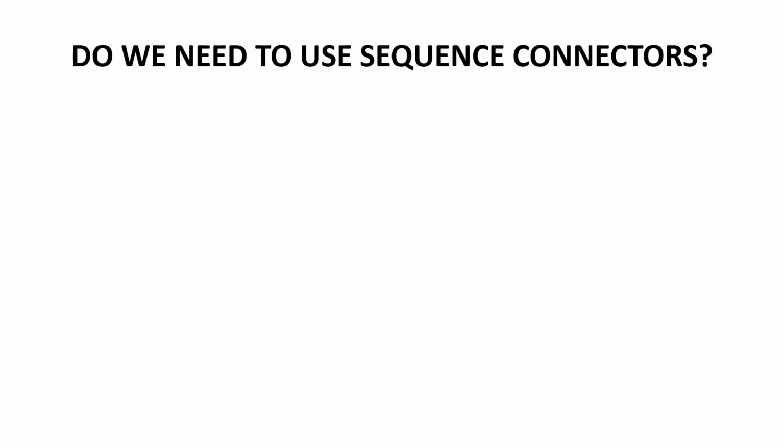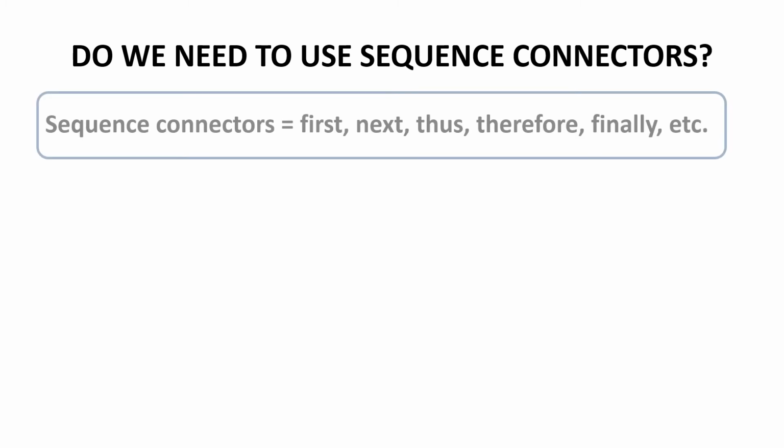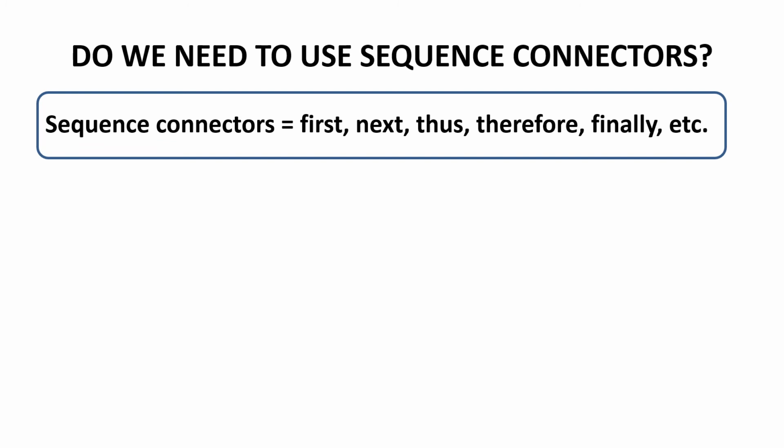So do we need to use sequence connectors when we write our summary? Sequence connectors are, for example, first, next, thus, therefore, finally, etc. Okay, sequence connectors basically in BM is penanda wacana. But do we really need to use sequence connectors in summary?